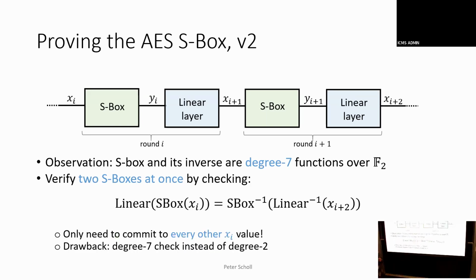So the effect of this is that we've halved the witness size, right? So now instead of committing to the state at every round, you just commit to it at every other round. The price you're paying for this, of course, is you have to work with these up to degree 7 polynomials. And when you do this kind of check at the end, even though it's a batch check of just a single set of polynomials, it's quite a bit larger than the degree 2 ones.